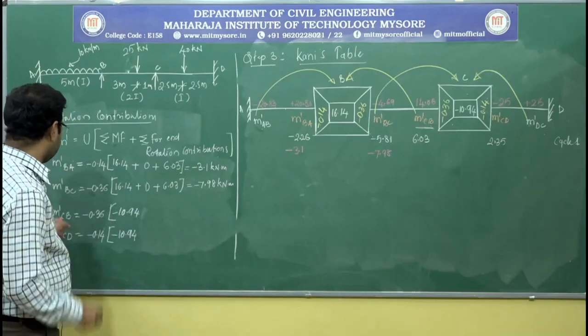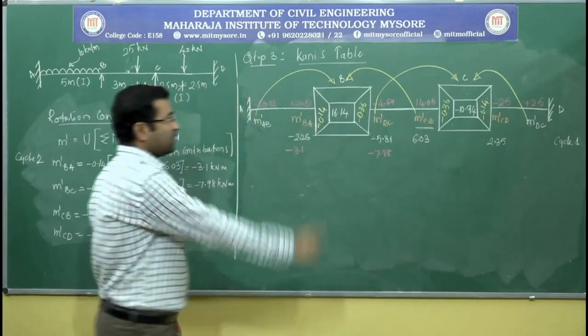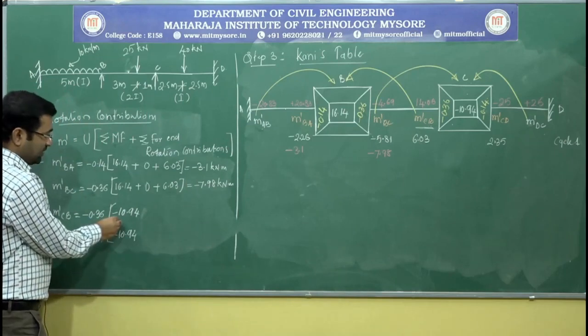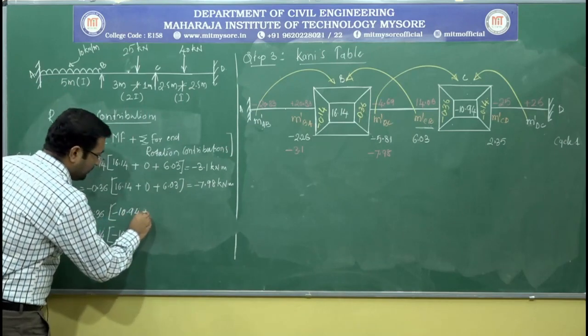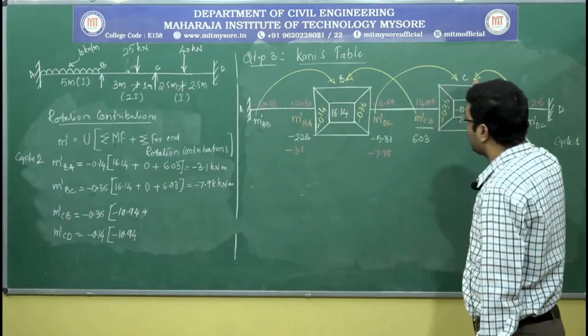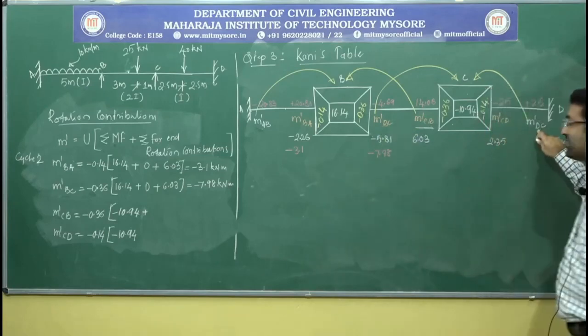For the next, that is M dash CB, the rotation factor is minus 0.36 into the fixed end moment minus 10.94 plus the far end rotation contributions, that is M dash BC and M dash DC.